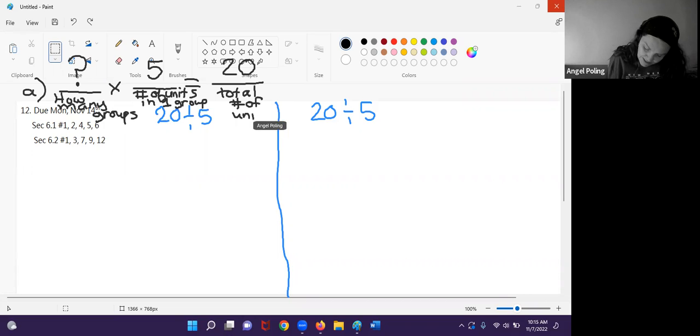Now, in this class, we stick with whole number division. And then in the next class, you do fractions and decimals. However, we do have to look at those styles of remainders. What does the fraction remainder mean? What does the whole number remainder mean? What does the decimal remainder mean, right?